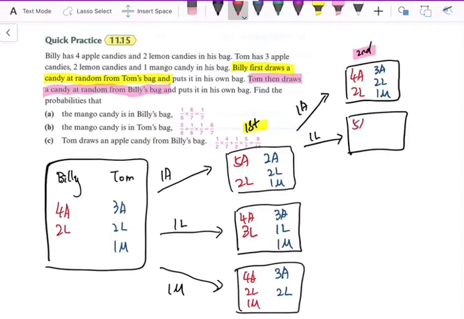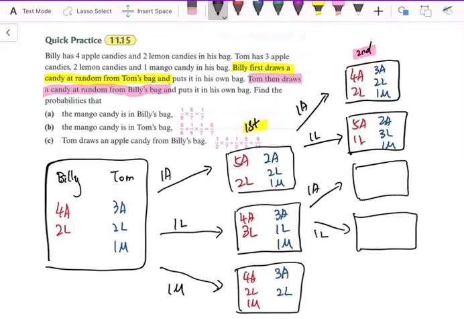Same case, I won't repeat, just write it down. Make sure that you can follow it. So for the second choice, we can also take out the apple and lemon, right? So let's do the second one, the apple and lemon case.